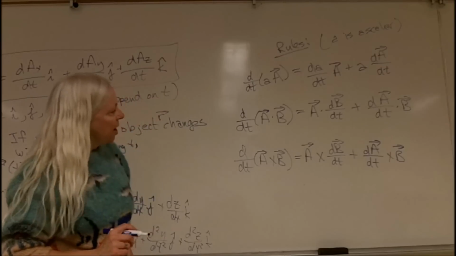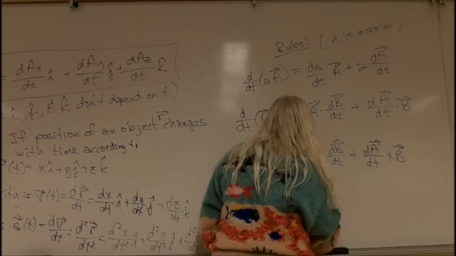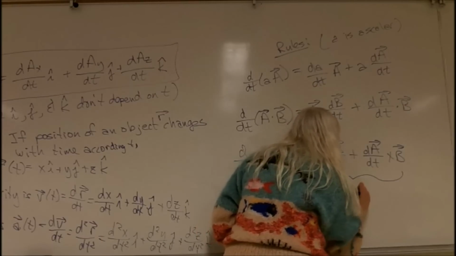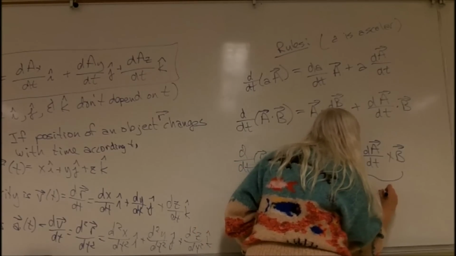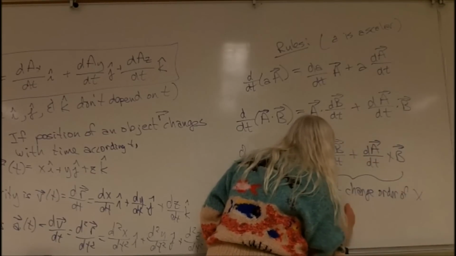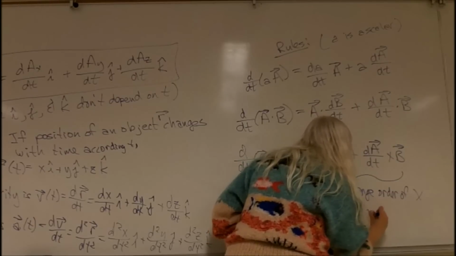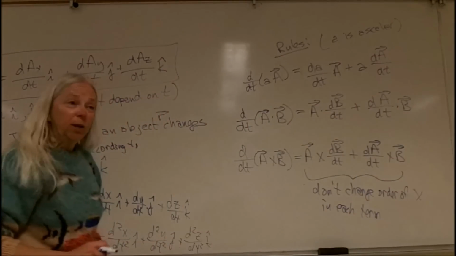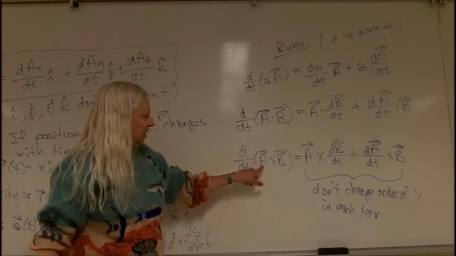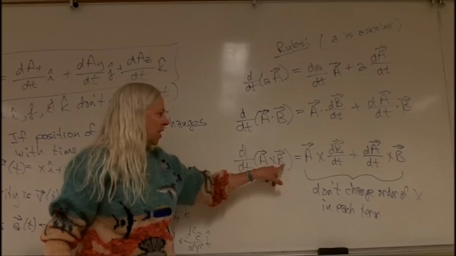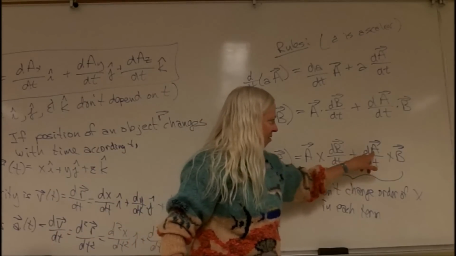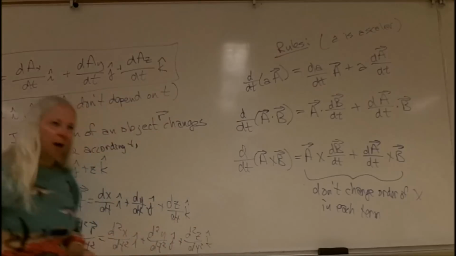On this expression, you have to be careful not to change the order of the cross product in each term. Cross products, we know, are not commutative. A cross B is not the same as B cross A. Since the original cross product had A first and then B, in both of these terms you have to have A first and then B, regardless of which term has the time derivative on it.